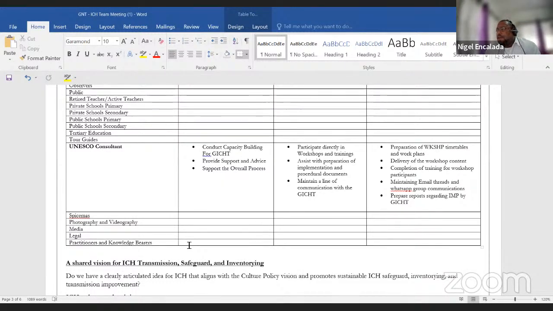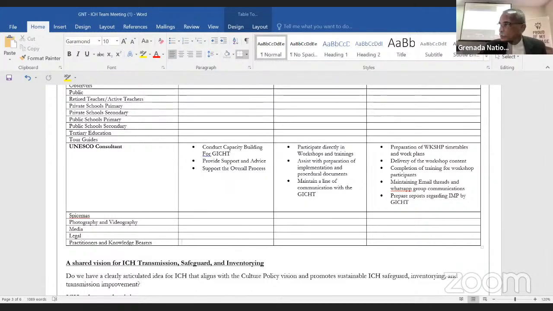Any practitioner of any ICH element? We do, but they're wearing different hats already. So it doesn't matter. I would like for one of them to play the role for today.